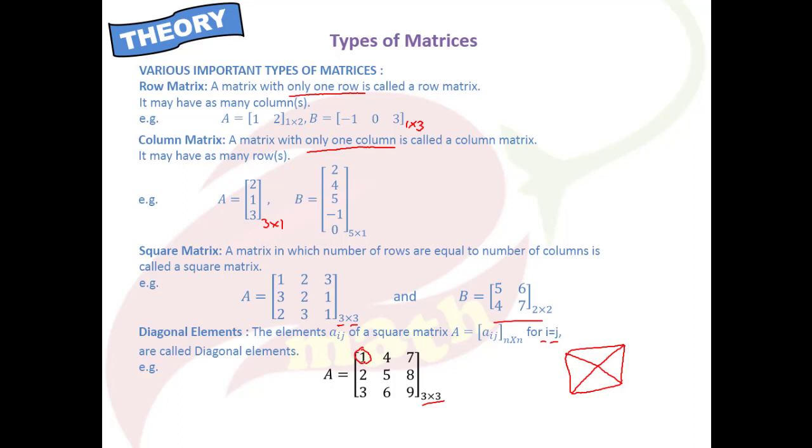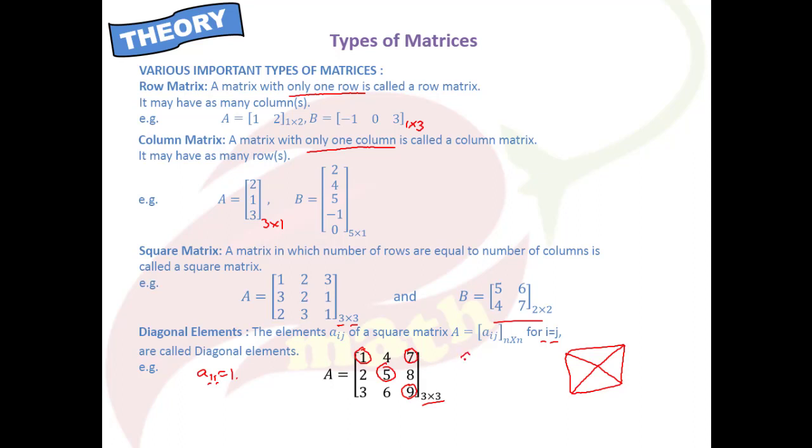Just check which element this is. This is A11. Here row number and column number are the same, so this is called a diagonal element. This is A22, 2 is equal to 2, so this is also a diagonal element. This is A33, also a diagonal element. What about this 7?